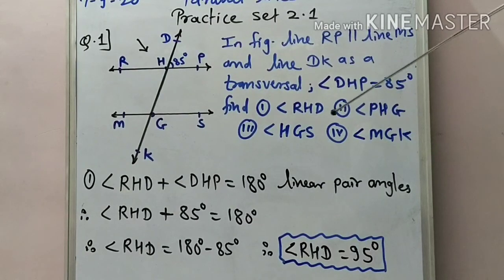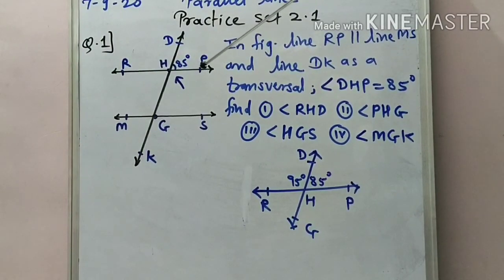Now the second angle to find out is angle PHG. According to the figure, here is angle PHG. Again, as I bifurcate it, what we notice here, students, is that angle PHG and angle RHD are vertically opposite angles. Vertically opposite angles are congruent, or equal in measure, so we can find the measure of angle PHG. Or you can find it using DHP and PHG, which are what?